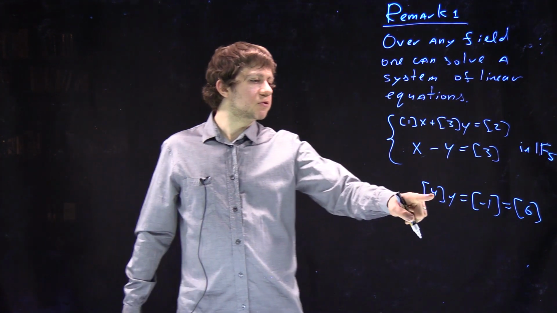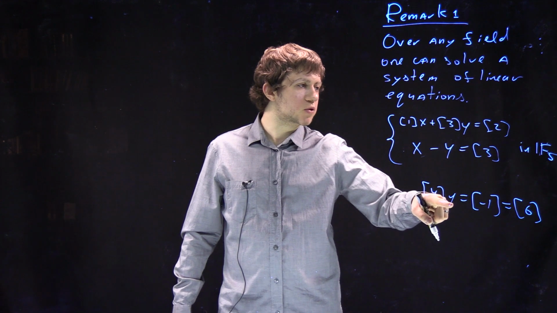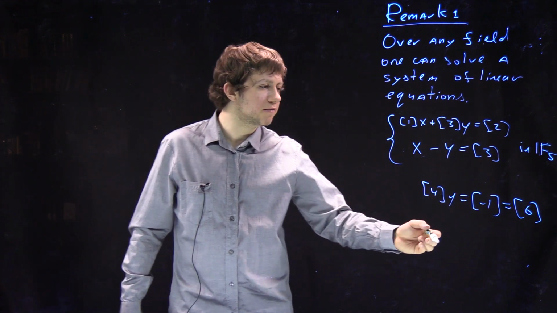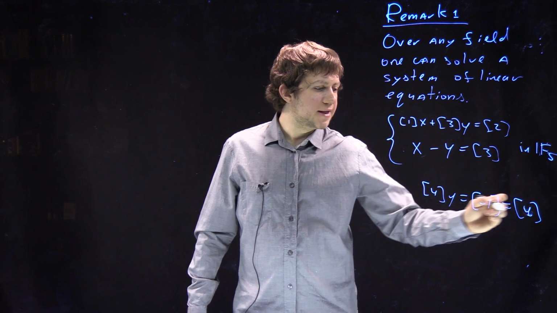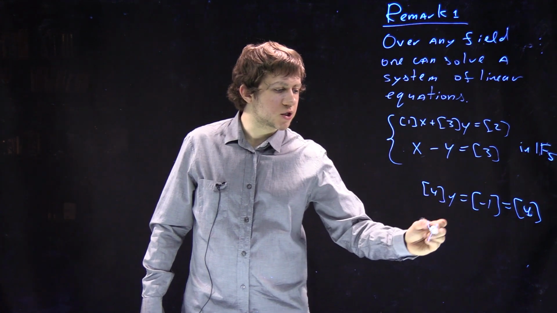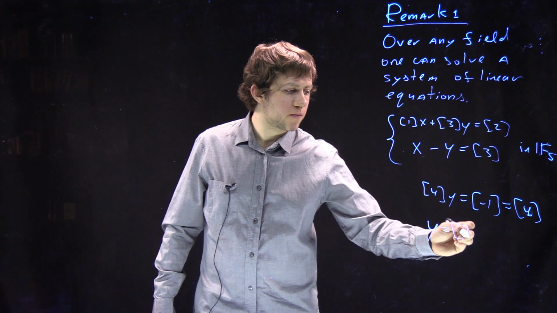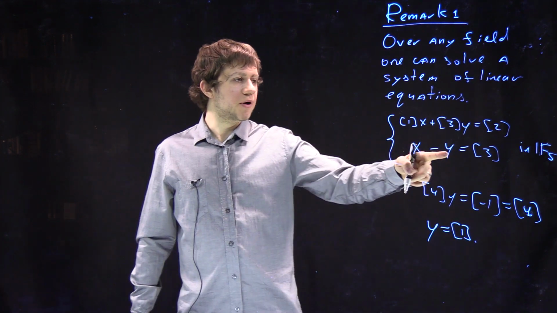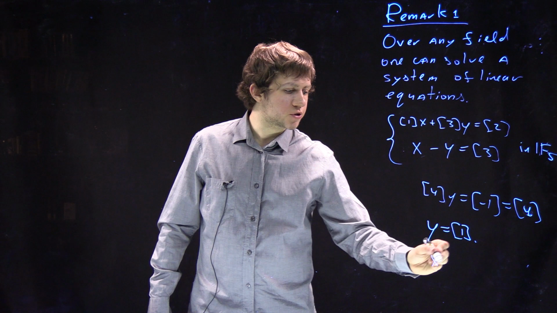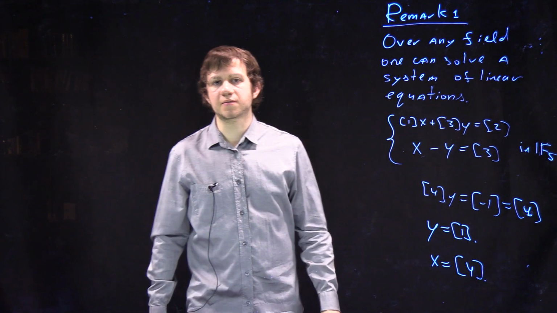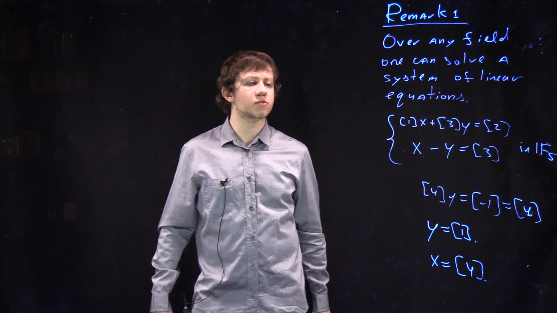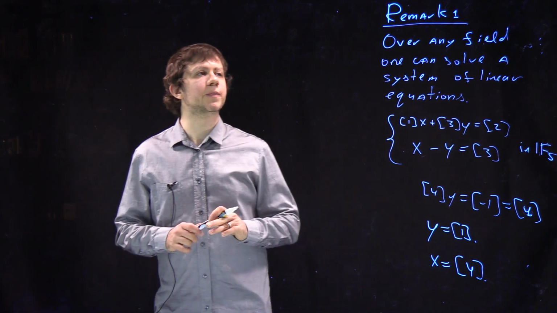And then we are trying to solve this linear equation, 4 times y equal to 4 modulo 5. And then we are trying to find such y, and such y is just 1, of course. So we have found y, and then x is, of course, just the class of 4. So in this way, we can simply solve systems of linear equations in any field. Complex numbers, finite field, and so on.